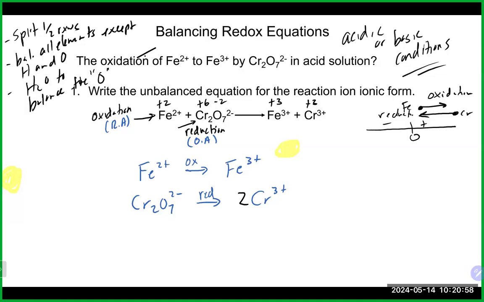Now, because we use water to balance oxygen, we're not just adding oxygen with water, but we're also adding hydrogen. So we need to, on the other side, add 2 H+ for every water we added.